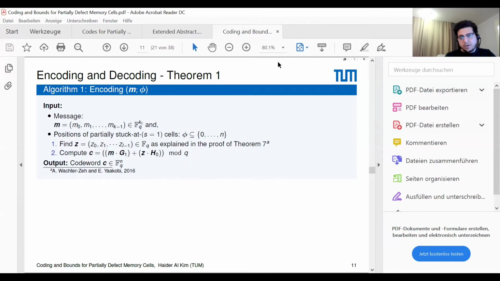So we have n memory cells, and some of these positions are partially stuck.